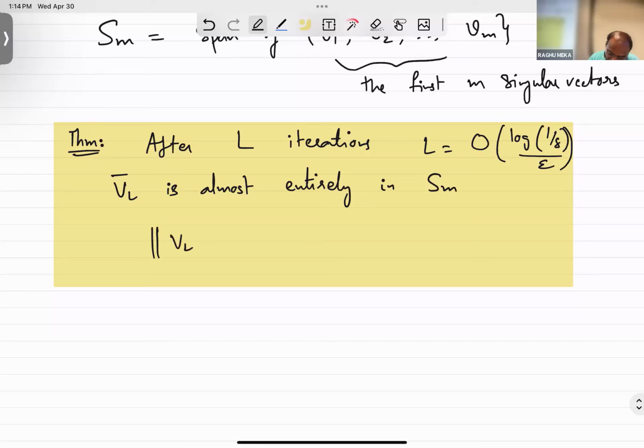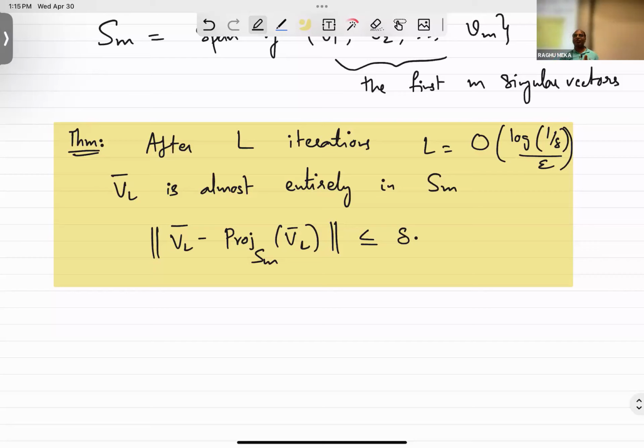So in particular, whatever we output is very close to the span of the first m singular vectors. It might have some component which is outside, but the error from this span is going to be at most exponentially small in L. So it's basically decreasing exponentially as you run for more and more iterations.